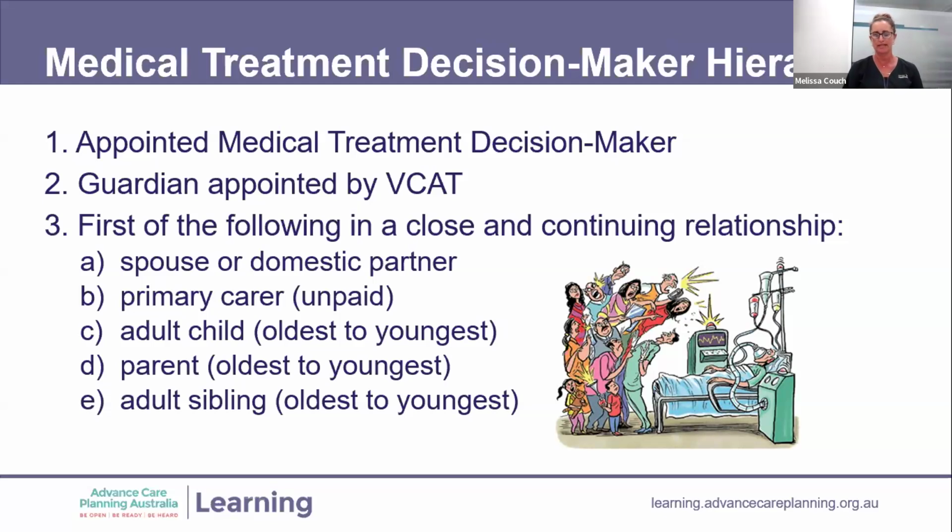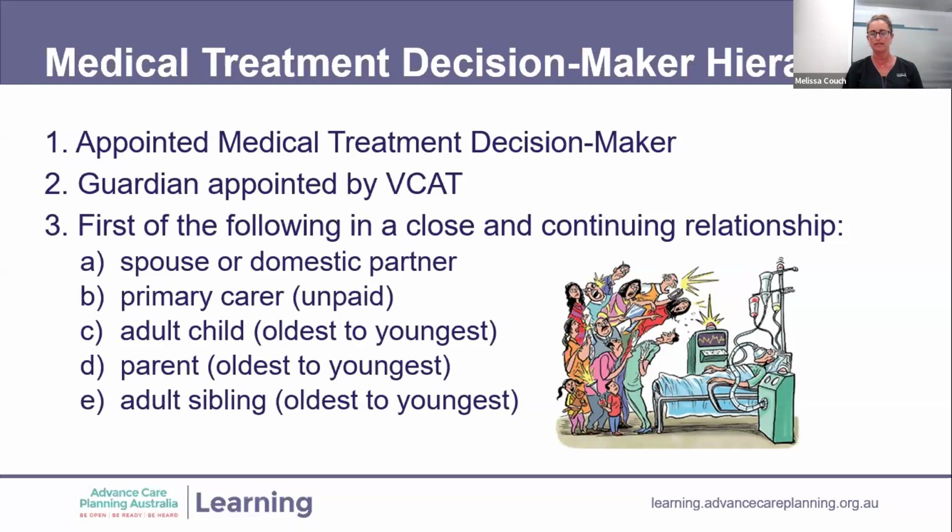Then we go to a primary carer. So that's not someone who works at an aged care facility. That might be the mum looking after her adult disabled child. They would be considered that primary carer. Then we go to adult child, parent, and adult sibling.